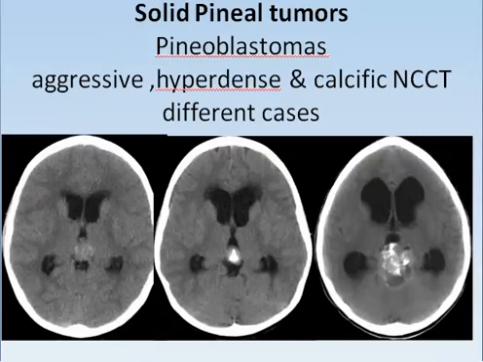Solid pineal tumors may be a blastoma, which is an aggressive tumor, usually hyperdense in CT and calcific in non-contrast CT, and we have these different cases. Here it is, 1, 2, and 3. If you say this is a solid pineal tumor, it's good.